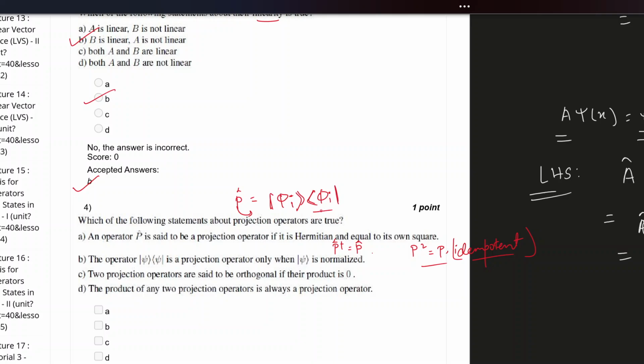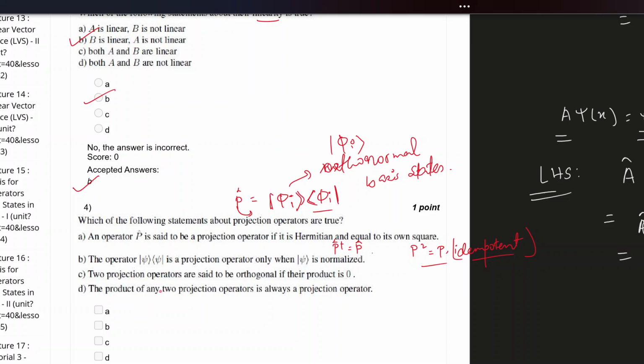Now, if that is true, then it is a must-satisfy condition that phi I are orthonormal eigenstates or orthonormal basis states. That means they must be normalized, because orthonormal basis states have to be normalized to represent any physical meaning.